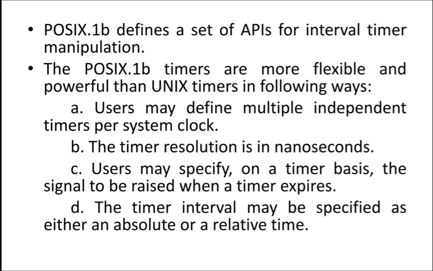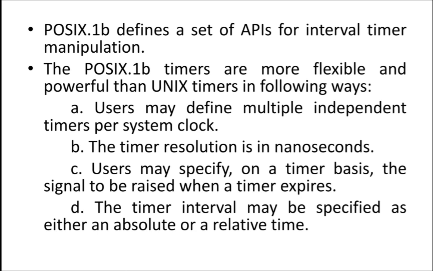And the timer resolution can be set in nanoseconds. That is also possible if you use POSIX.1b timers. And also, the user may specify, on a timer basis, the signal to be raised when the timer expires.